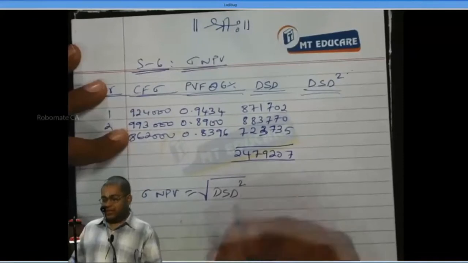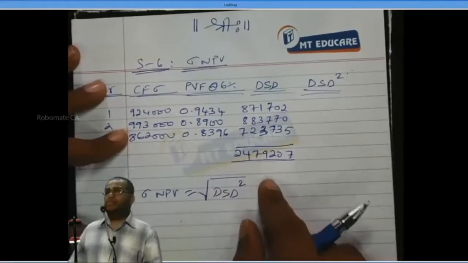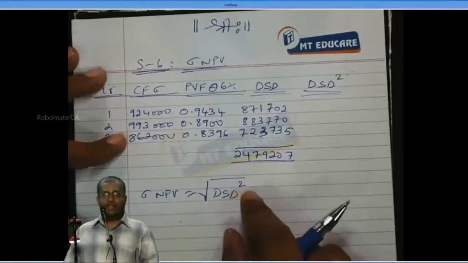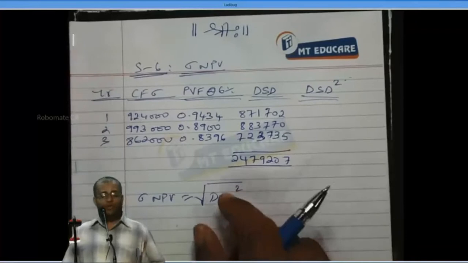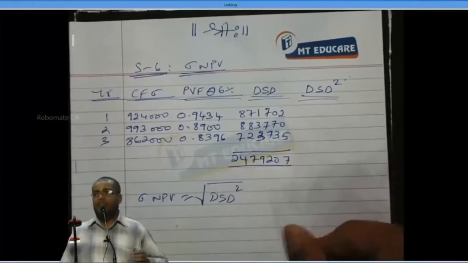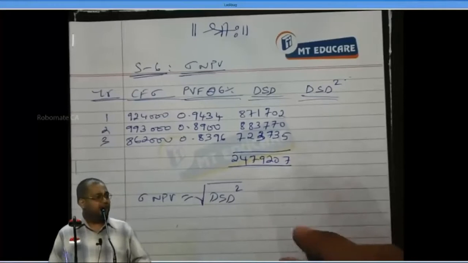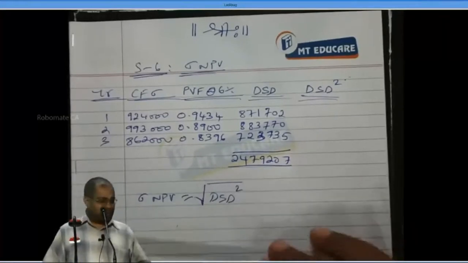Discounted standard deviation squared. Which is equal to, you fill in the blank later. Can you just do it? I'll give it as homework. Up to this, are you following or not? Square root of DSD squared. With this, we answer the second part of the question.